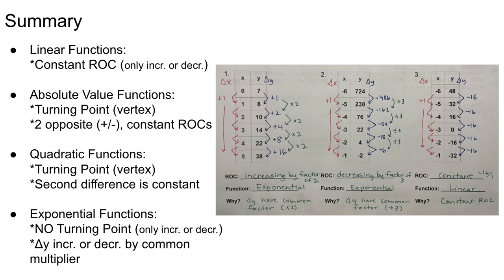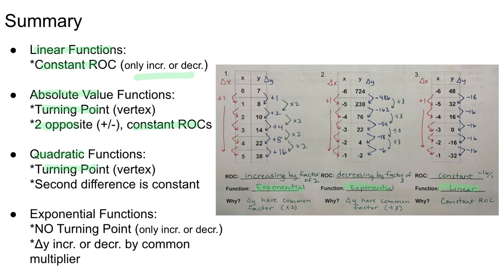To quickly summarize our 4 types of functions and how you see it in the table, we only had exponential and linear in these examples, but the rest of your examples could have any of them. Linear is only going to have a constant rate of change. That means in your table, you're only seeing increasing or decreasing. Absolute value has a turning point, and it's also going to have a constant rate of change, but there's going to be 2. They're going to be opposites. Quadratic functions also have a turning point, and you are looking at the second differences.